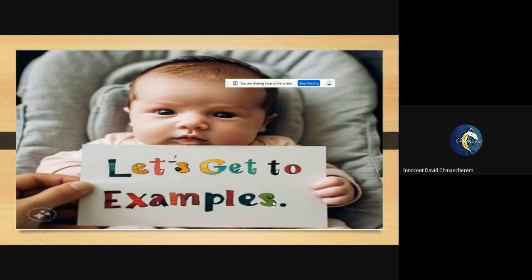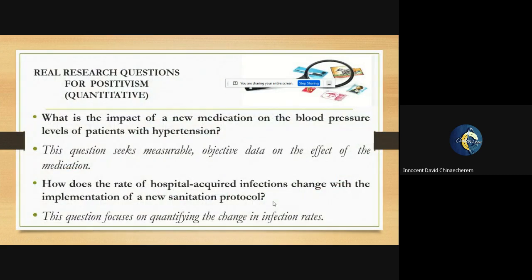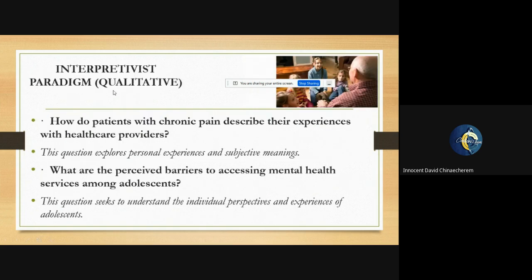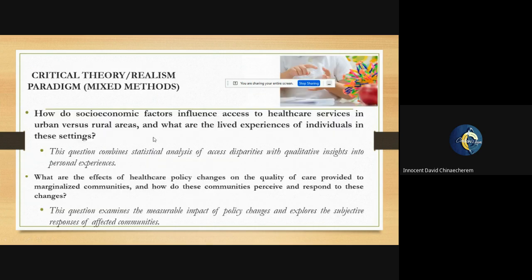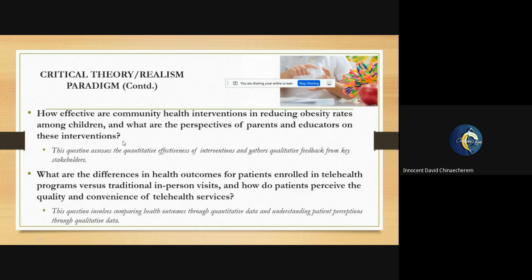Then the baby also welcomed us to the types of research questions, which we explained here. The measurable questions are for positivism, the qualitative questions that talk about experiences are for interpretivism, and the ones that combine both are for critical realism.